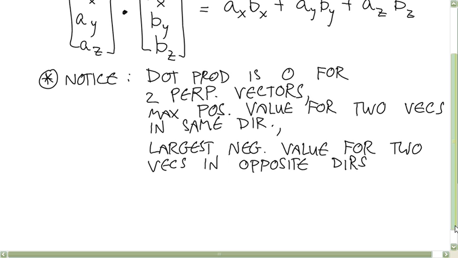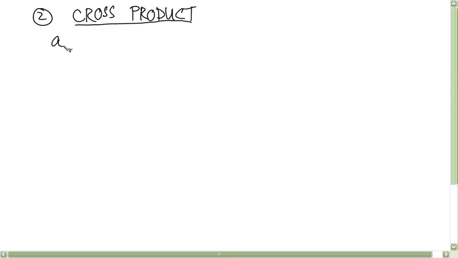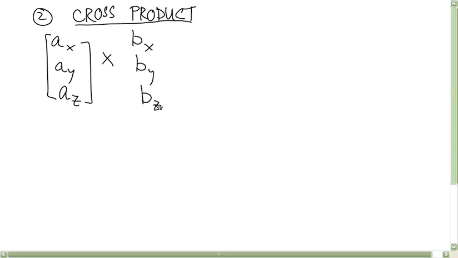The second type of vector product is the cross product. And if you have two vectors, AX, AY, AZ, and you cross it with a vector BX, BY, BZ, you get a vector out this time.